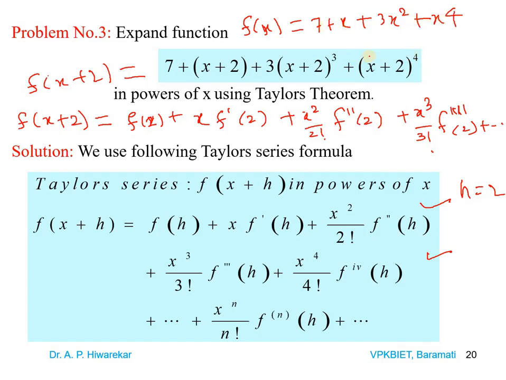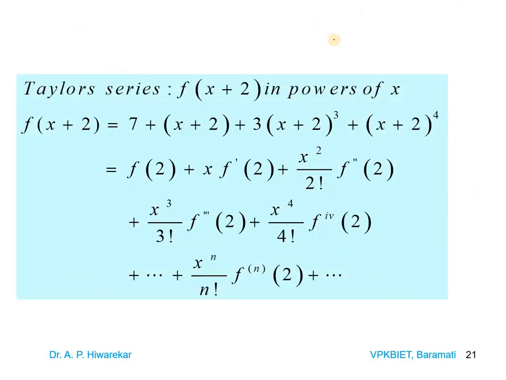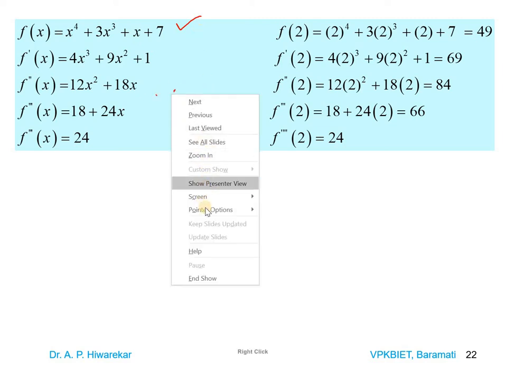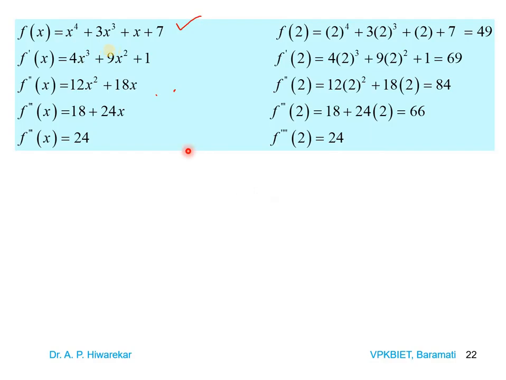That is our function f of x, written in the reverse direction. So f of x is x to the power 4 plus 3x square plus x plus 7.